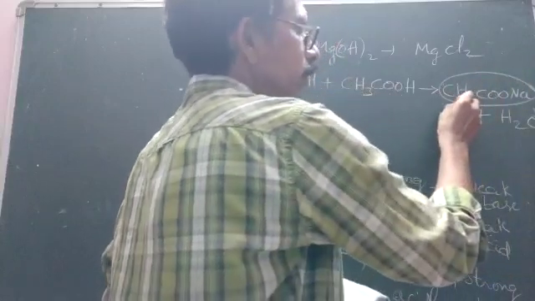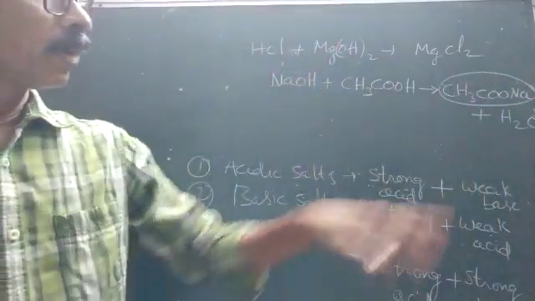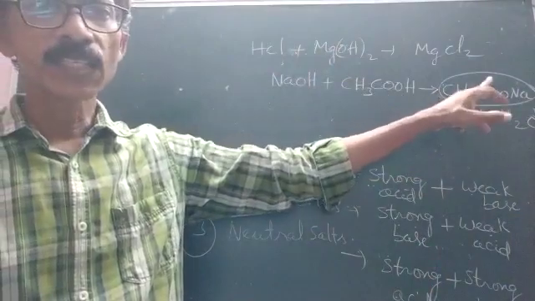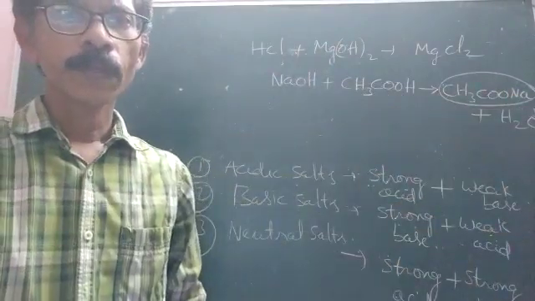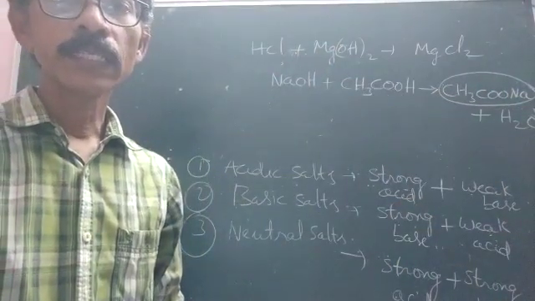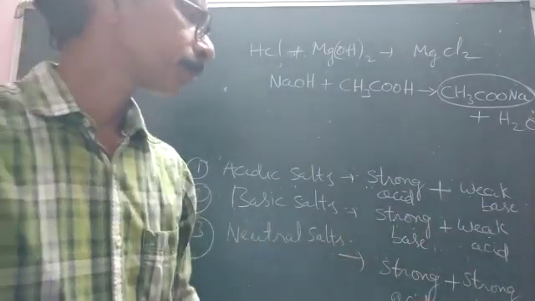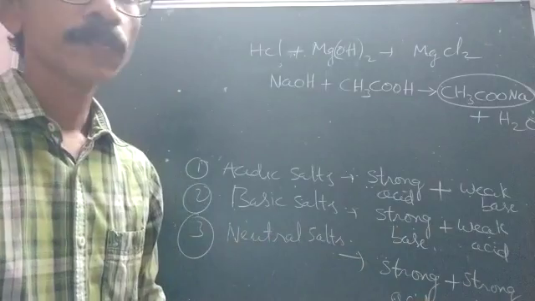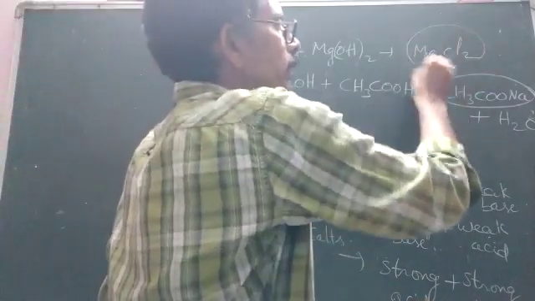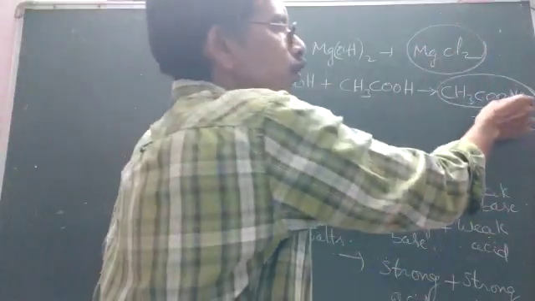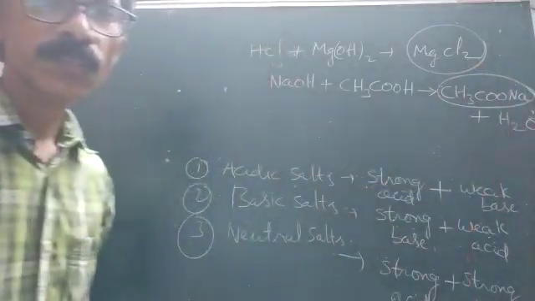That is a basic salt. Here magnesium chloride is an acidic salt and sodium acetate is a basic salt.